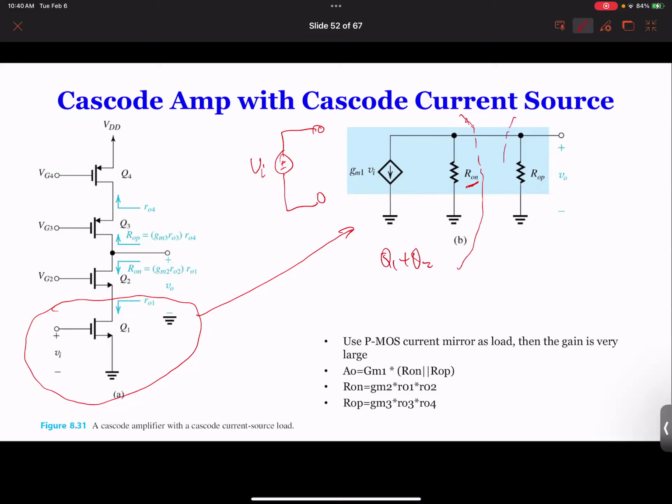And here on the right hand, it's Q3 plus Q4. Now, Q3 and Q4 have equivalent resistance of ROP.